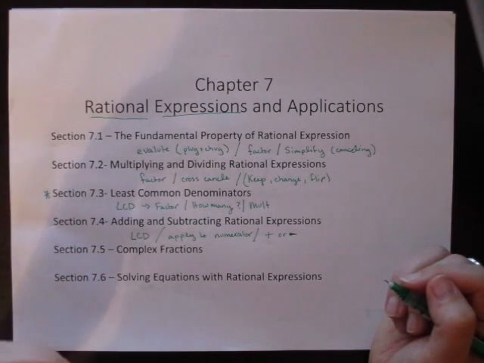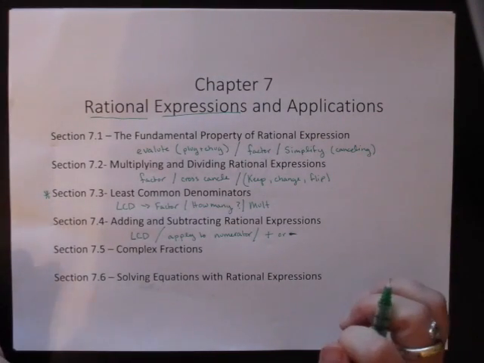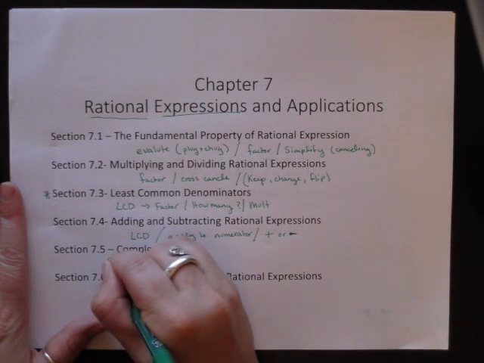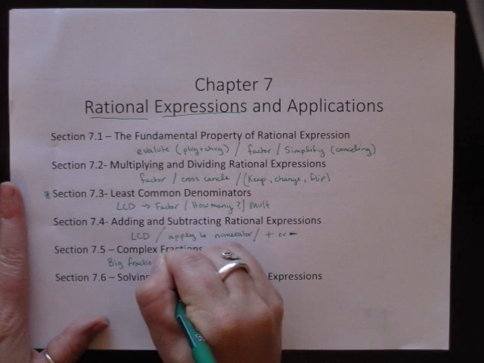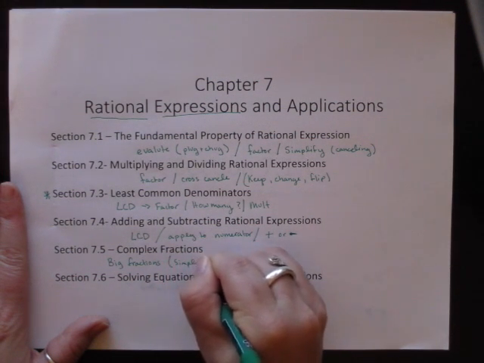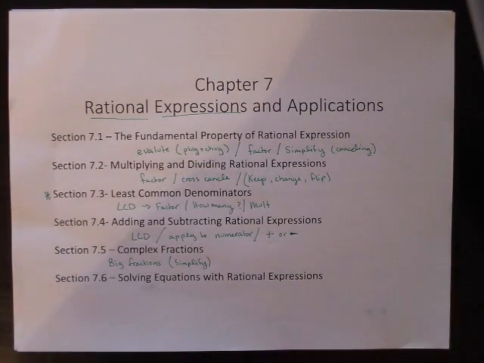And then 7.5 is just a little bit more of an expansion of 7.4. Basically we're going to have big fractions, and we're going to be asked to simplify them. These are going to look super intimidating, but I promise you they're not bad if you take it one step at a time, which I have a trick for as well.